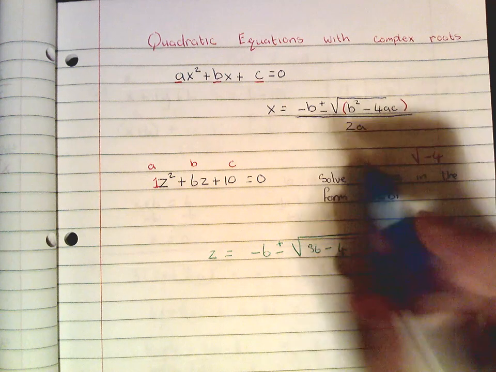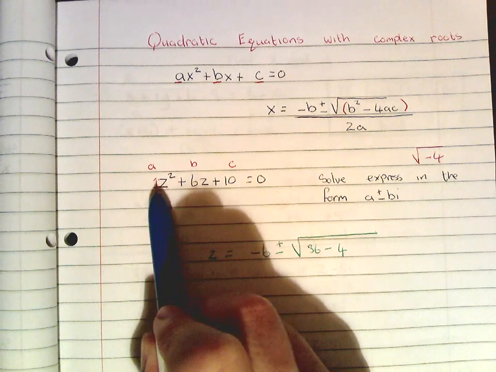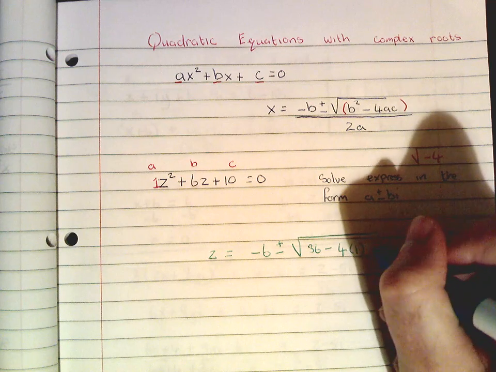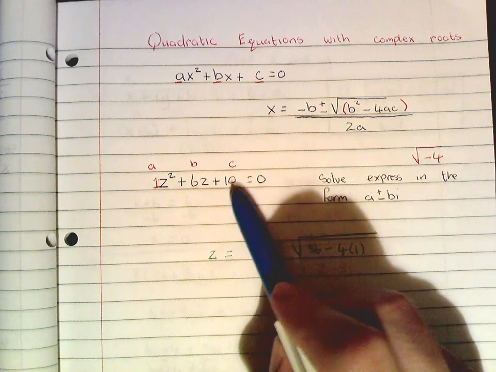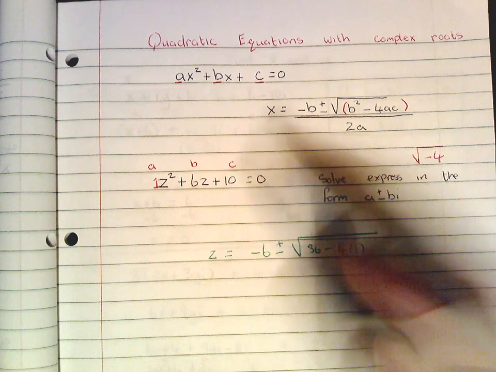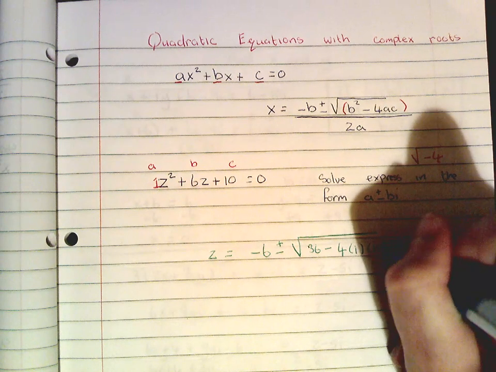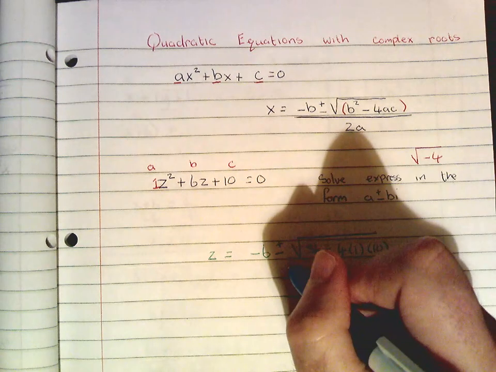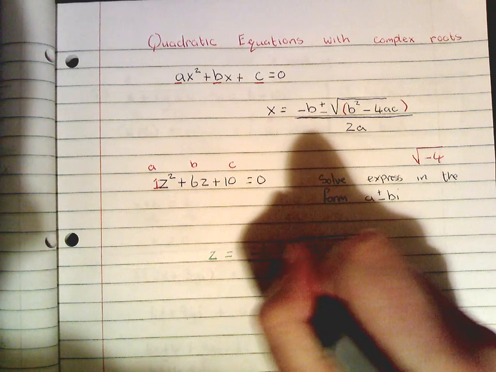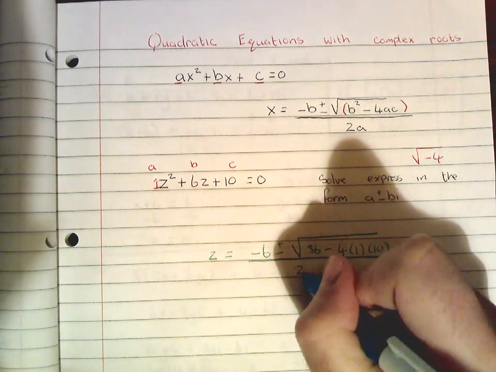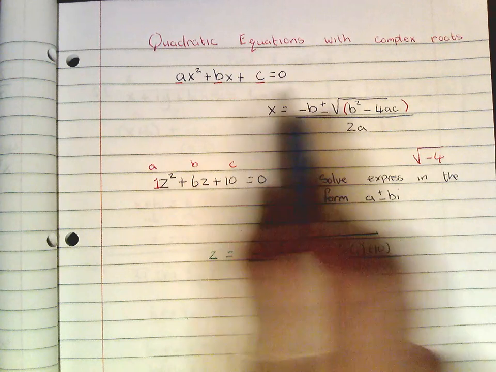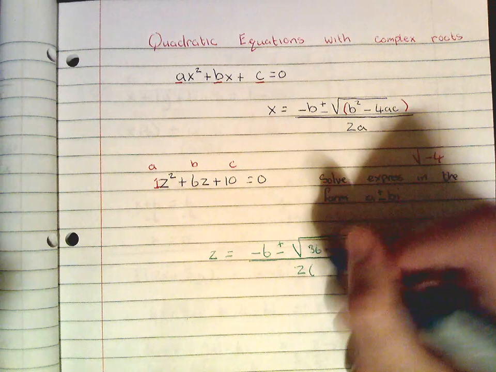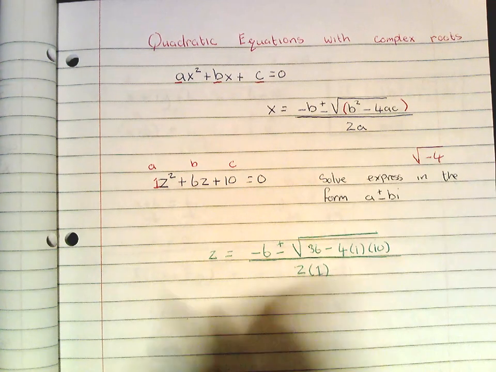In this case a is 1, so it's 4 times 1, times c, which in our case with this quadratic is 10, and that's all going to be divided by 2 times the value for a. So 2 times a, and a is, in our case, 1. Okay, so that's what we do.